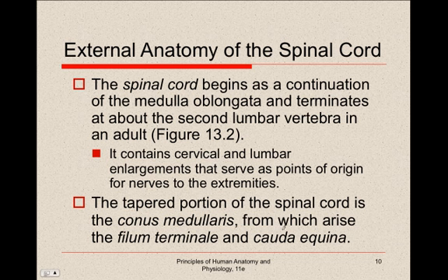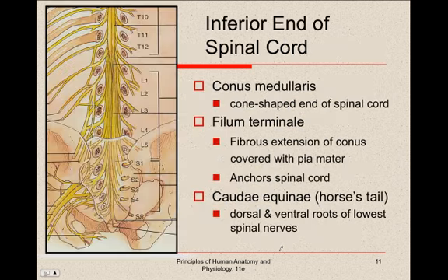So we'll look at the tapered portion of the spinal cord that I talked about. It is called the conus medullaris, and from it you'll see the filum terminale arise and help to hold the spinal cord in place, and then the cauda equina, which are all the spinal nerves that go below that. So here are all of these things, and I'm going to use my pen here.